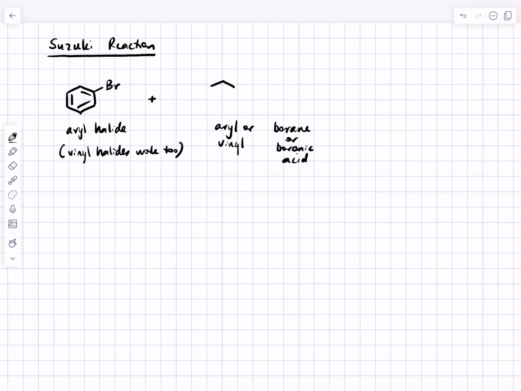So I'll show you an example of a vinyl borane or boronic ester. In general, we'll refer to these aryl or vinyl boronic esters or boronic acids as organoboranes. And we'll just refer to the halide as a vinyl or aryl halide.